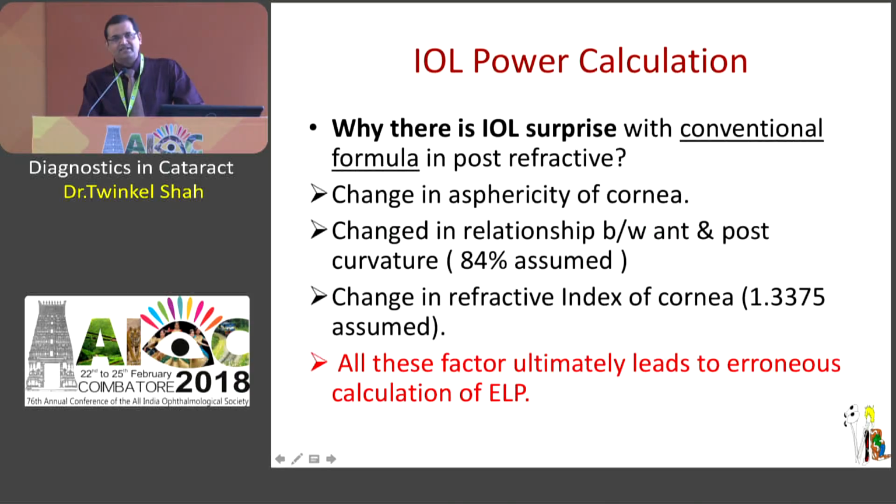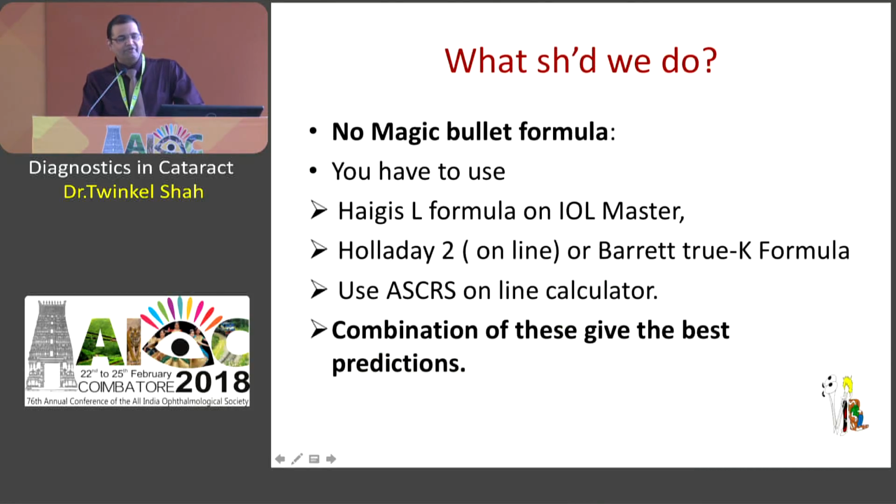All these factors are responsible for the effective lens position, so we get erroneous results with our conventional formulas. What should we do? Many formulas are there. There is no magic bullet formula where you use it and you will have emmetropia. So you have to use the Haigis-L formula on the IOLMaster, or Holladay 2, or the Barrett True-K formula online. Use the ASCRS online calculator, and if you have access to all of them, make a combination and try to make the maximum out of them.